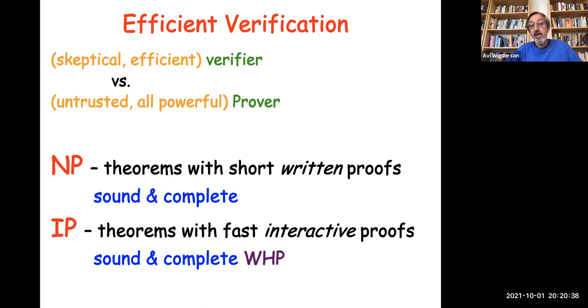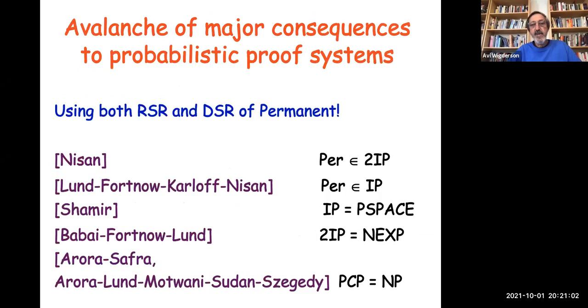So there is a small chance that the prover will fool the verifier into believing something wrong, but the verifier can reduce this error as much as he or she wants with repetition. So tiny error. This interactive proof model and its extensions were extremely important in the last about 25, 30 years. And here is a bunch of results.